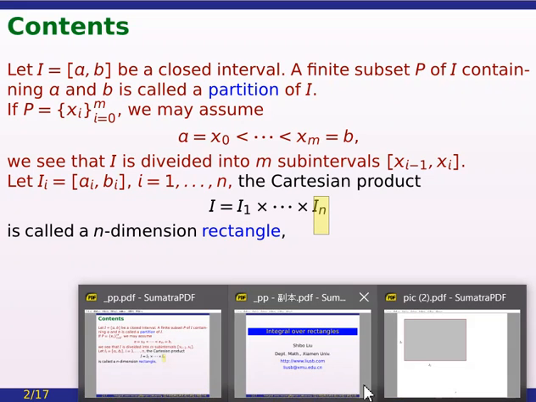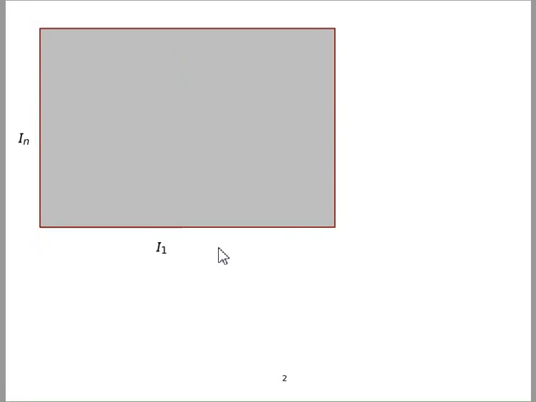Here we have a picture. This is a two-dimensional rectangle. Of course, we can also imagine this as an n-dimensional rectangle, because on a piece of paper we cannot draw a higher dimensional object. So we can imagine that the horizontal boundary of this rectangle is I1, and the vertical boundary is In.